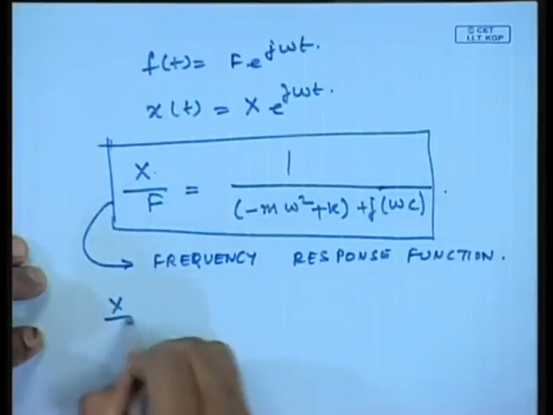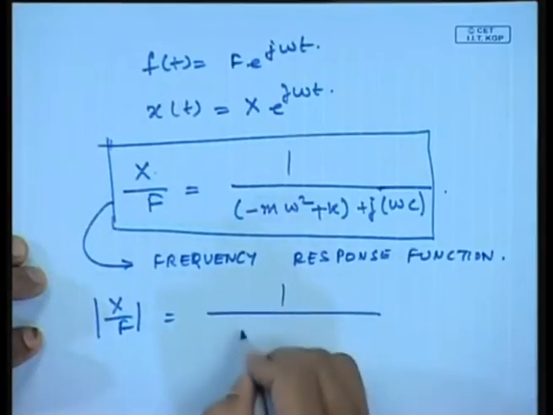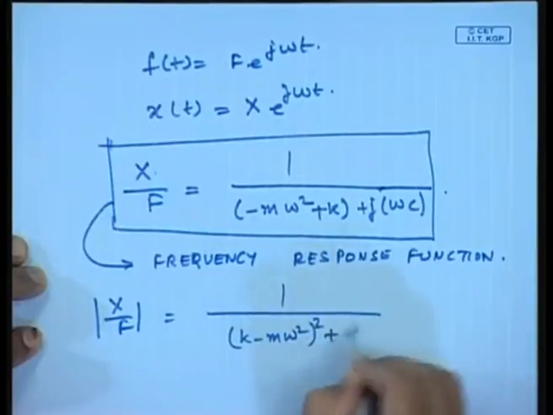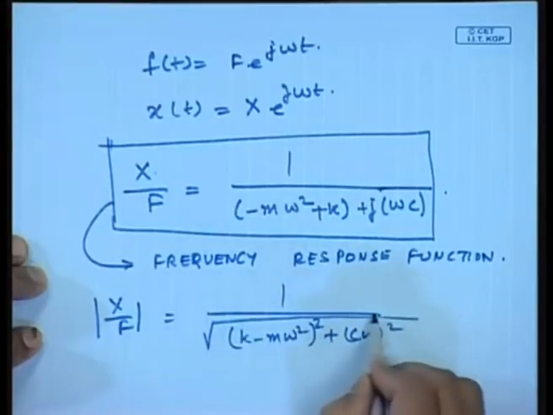And the magnitude X by F is given by 1 by the square root of k minus m omega square, whole square, plus c omega, whole square.